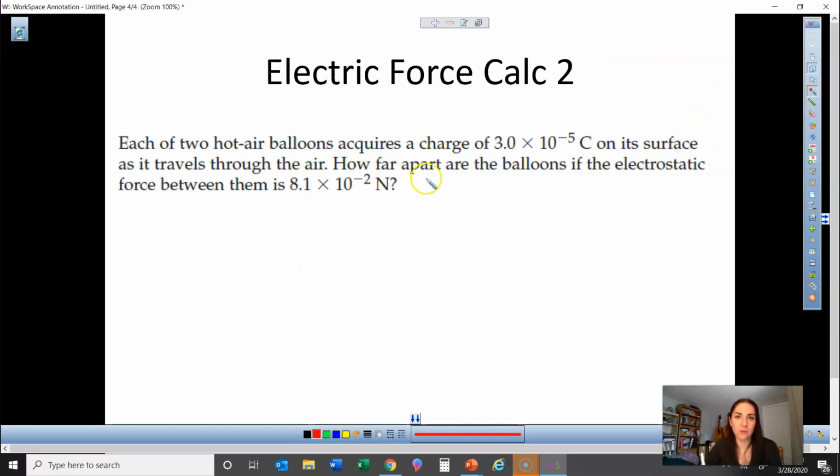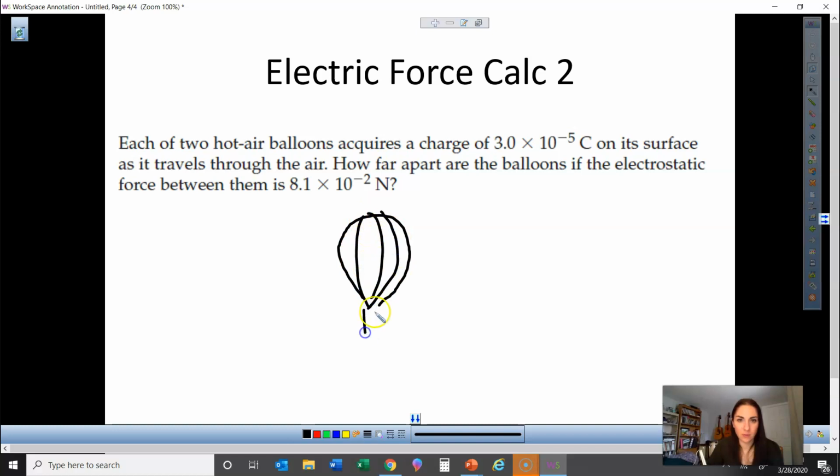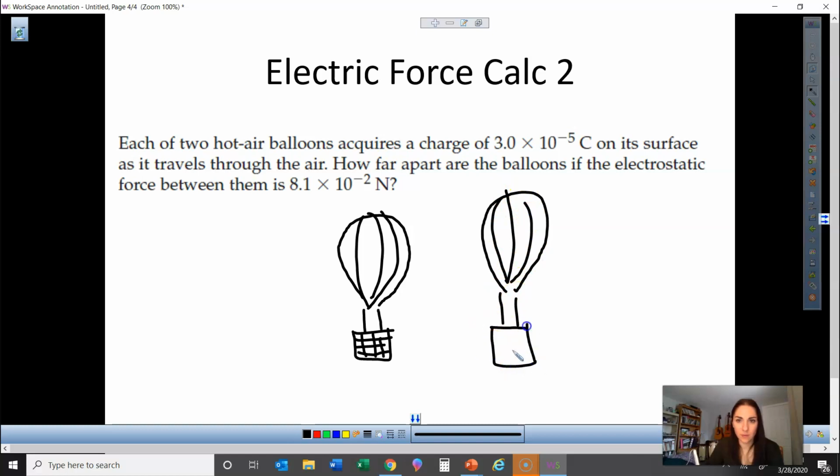Okay. How far apart are the balloons? So, I have 2 hot air balloons. Each of the 2 hot air balloons requires that much charge, so it's the same amount of positive charge.